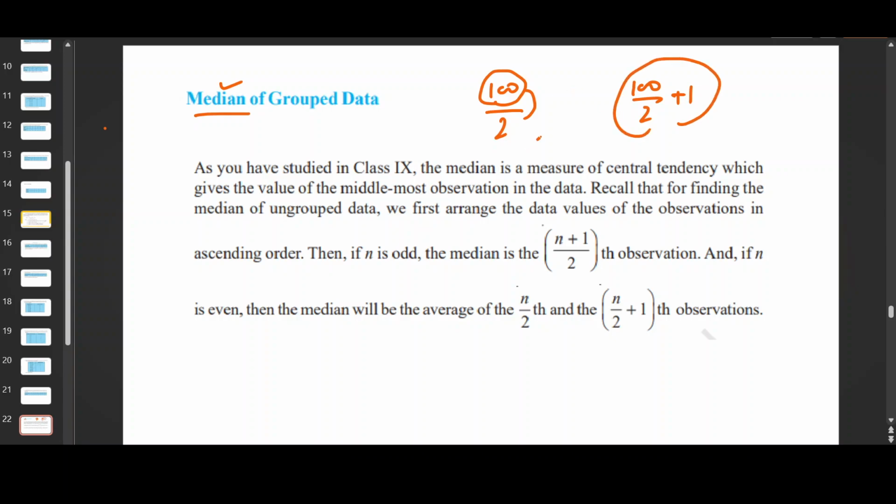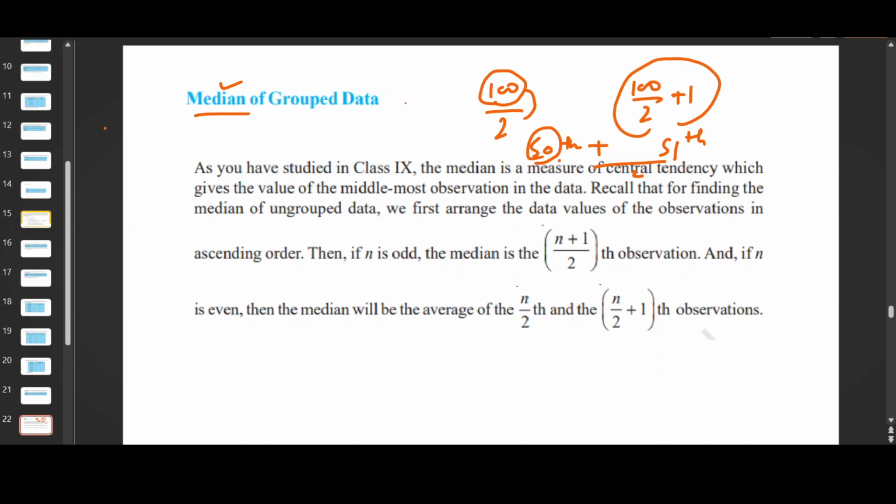That means 50 and 51. So, what is the value of the 50th term? What is the value of the 51st term? If we get two values, then add these and divide by 2, we will get the median. This was the rule for even values.